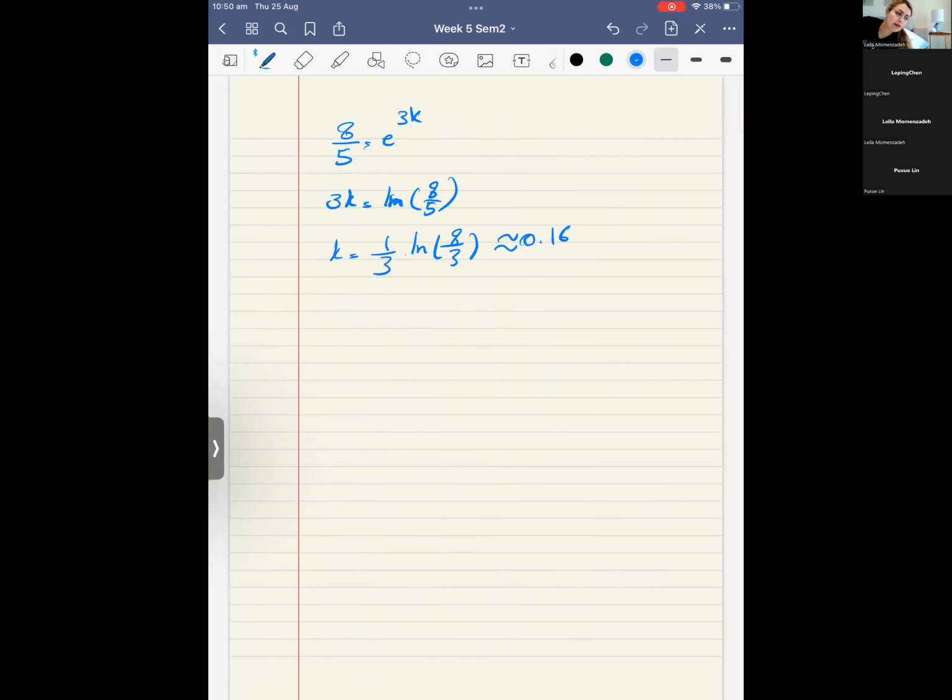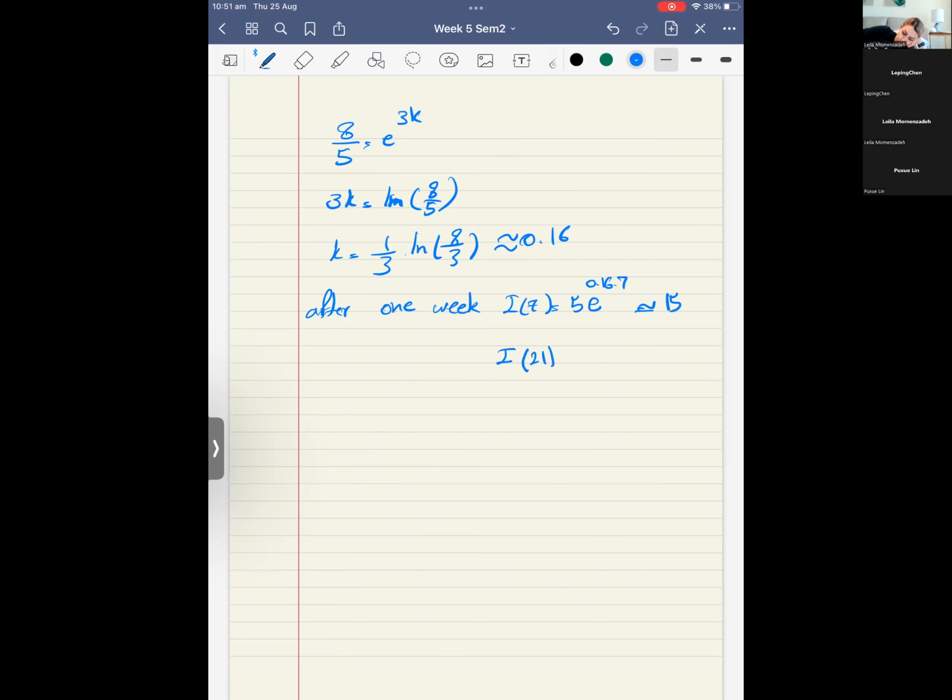Now we can see, for example, after 14 days, 180 days, how many people would be sick. For example, after 1 week, I(7) you have 5 e^(0.16 times 7), would be equal about 15 people.